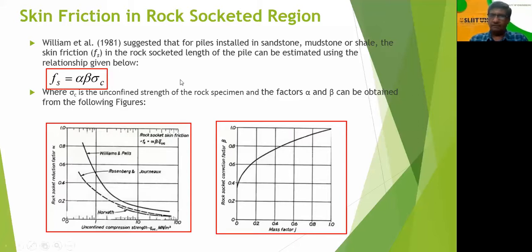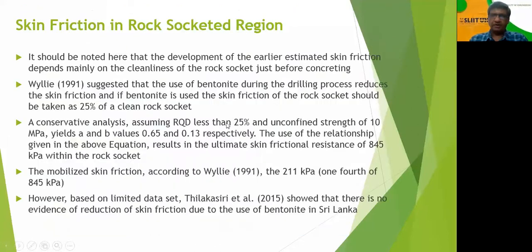But now if you look even at the Williams method, it was later found, and if you look at other textbooks like Tomlinson, it says that Wilson found that only 25% of the estimated value is mobilized if you use bentonite slurry in the rock socket, right?